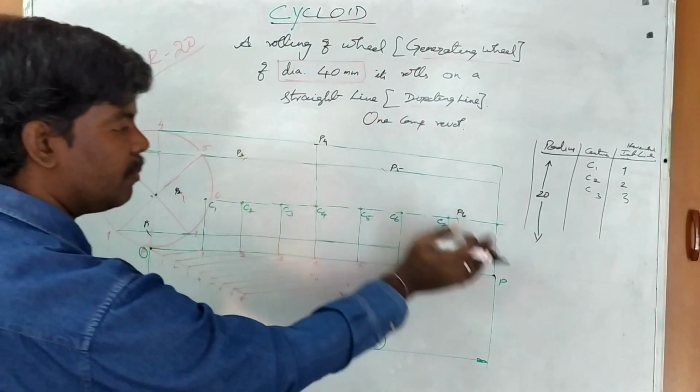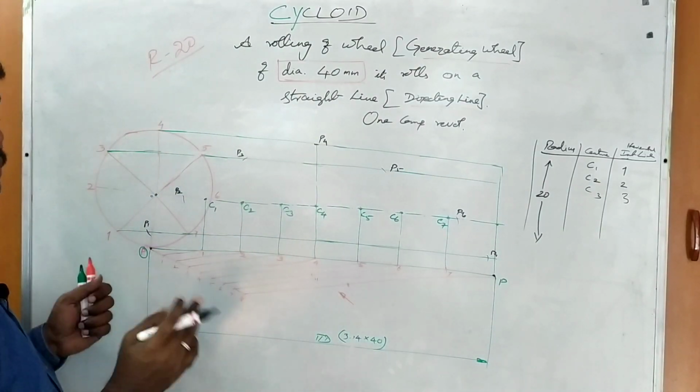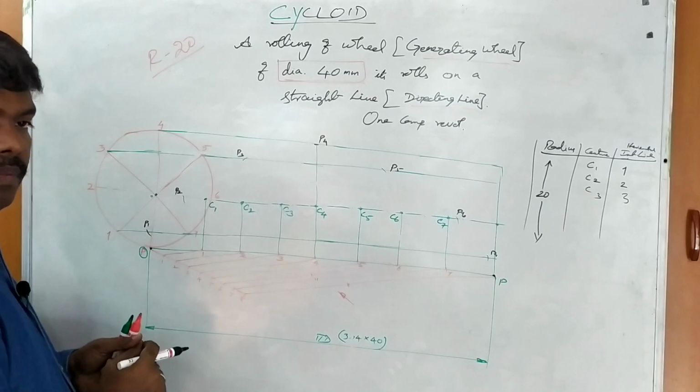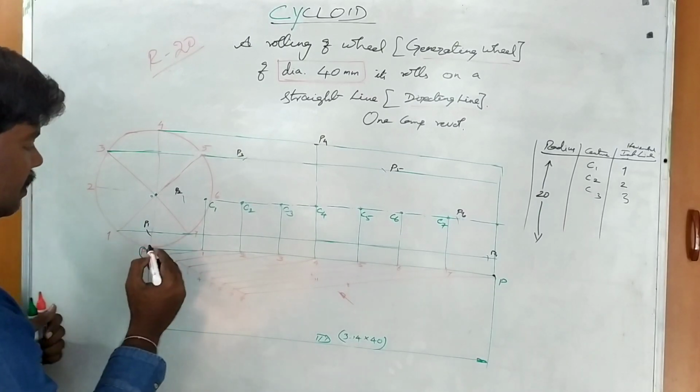Now you join all the points by a freehand curve, or otherwise by using a French curve. Clear? That's one.